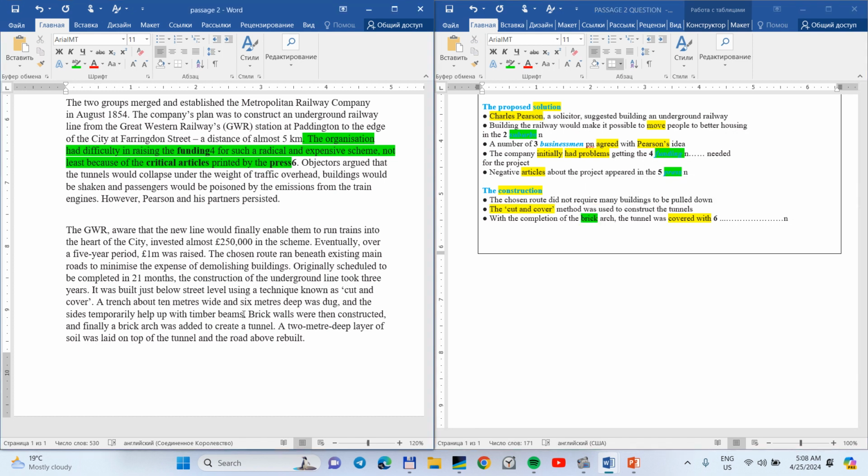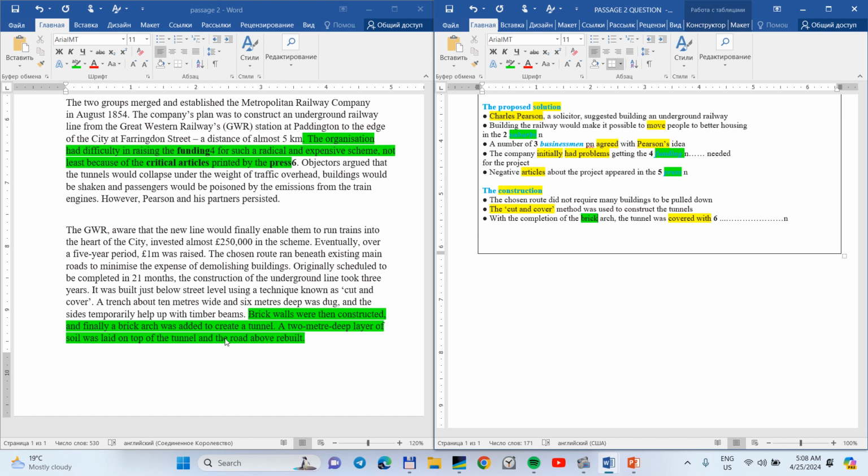We haven't come across brick here. Trench is not an answer because we need brick walls here. Now the answer starts from here. Brick walls were then constructed, and finally a brick arch was added to create a tunnel.